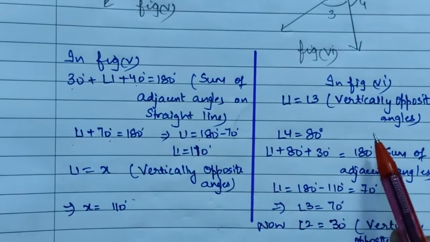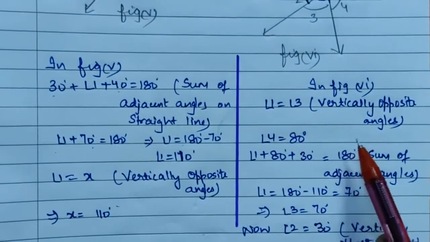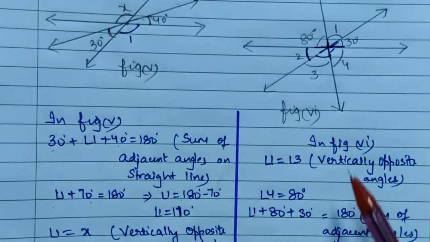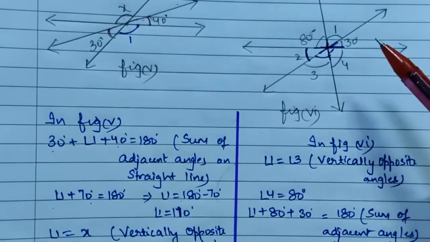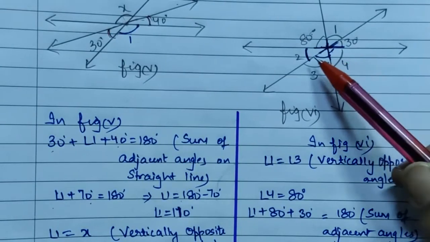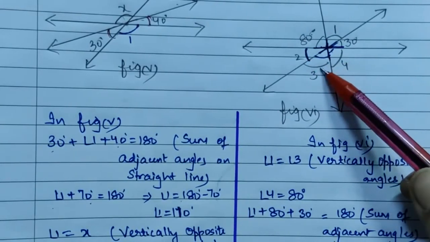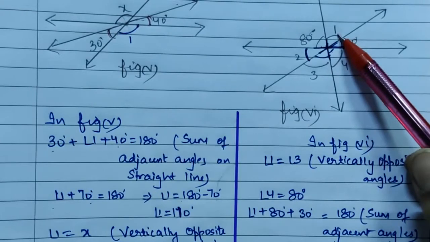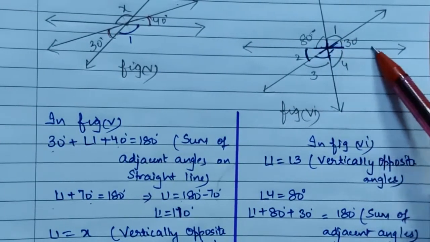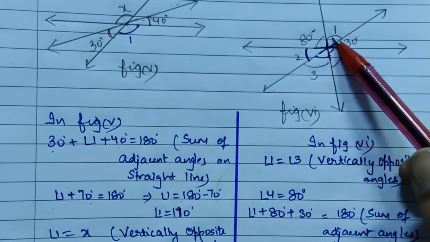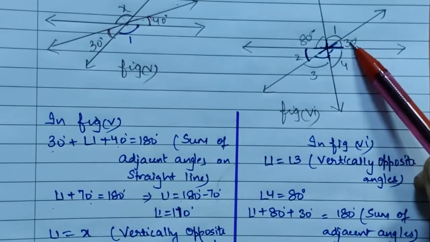Now see the next question. In the next we have this figure. We have to find angle 2, angle 3 and angle 1. Now this is a straight line, so we can apply the sum of all adjacent angles is 180 degrees.